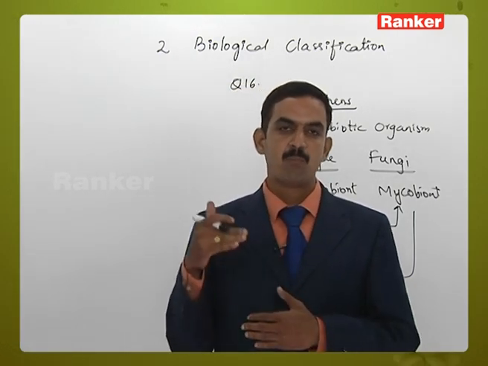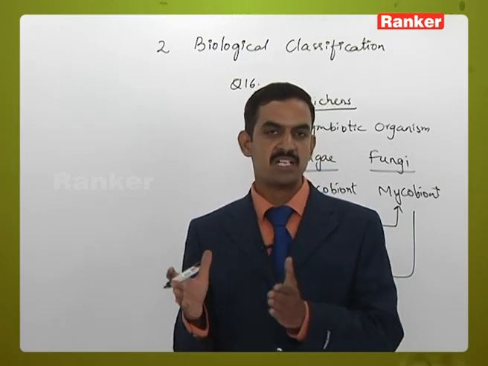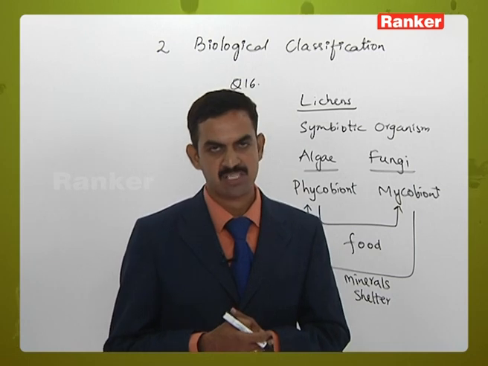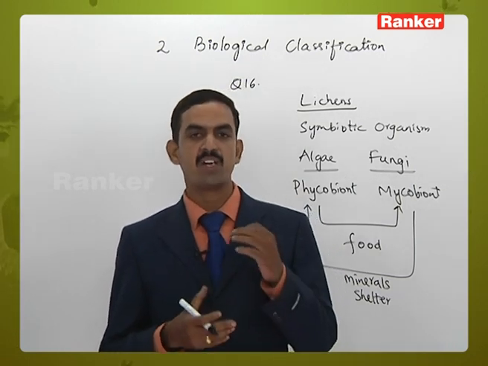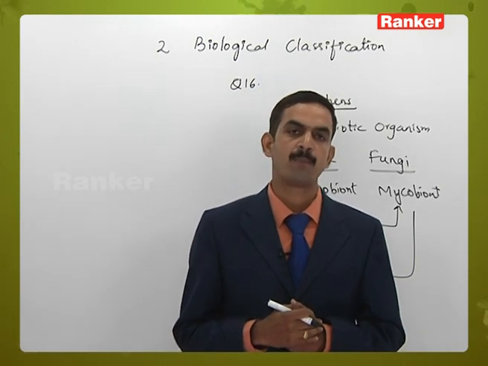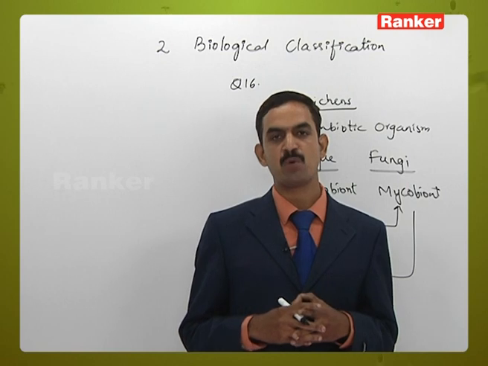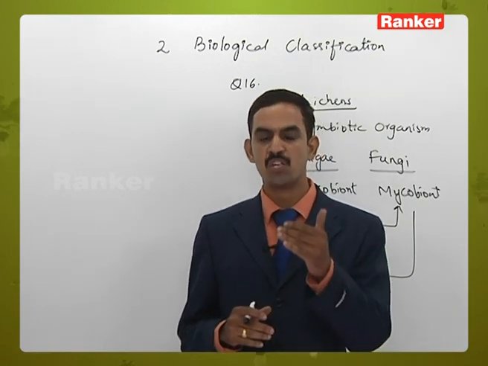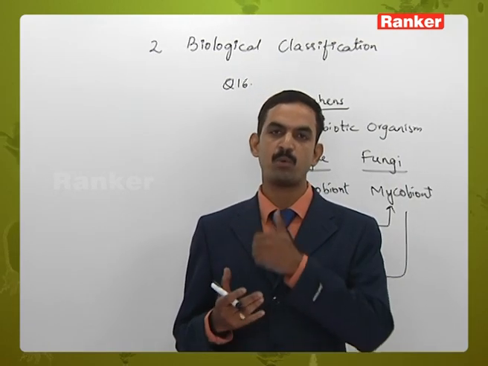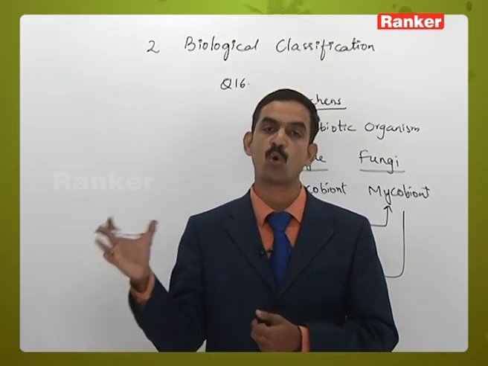That means pioneers are the organisms from where the serial community starts in the ecological succession. And one more important character is that these are good indicators of pollution also. That means wherever pollution is present, in those areas the lichens do not grow.